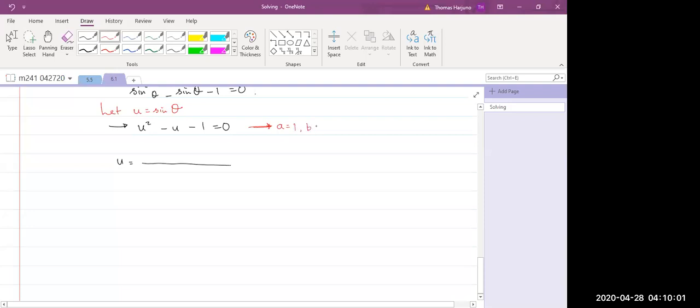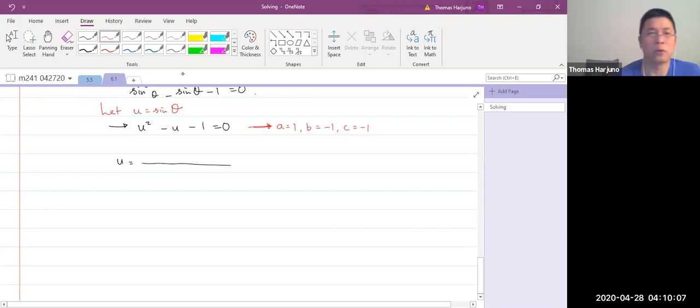How about the b? -1. How about the c? -1. So when I plug that in, it will be negative b plus or minus the square root of b squared minus 4ac, over 2a.